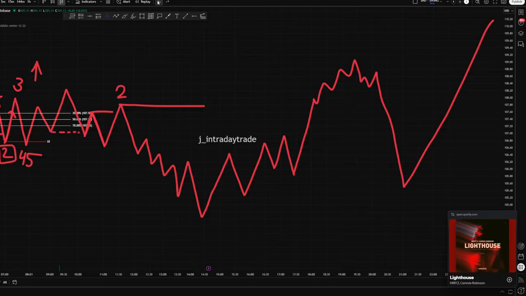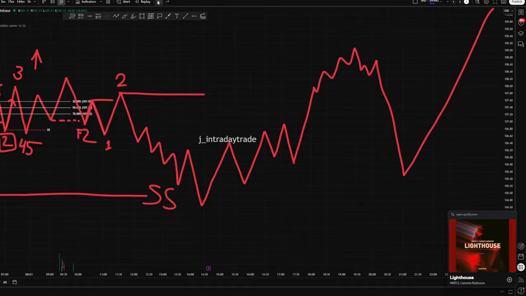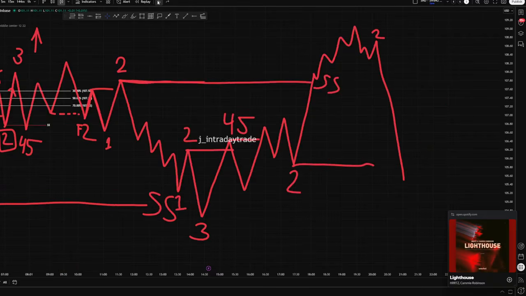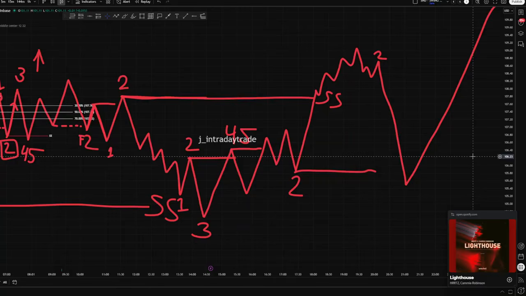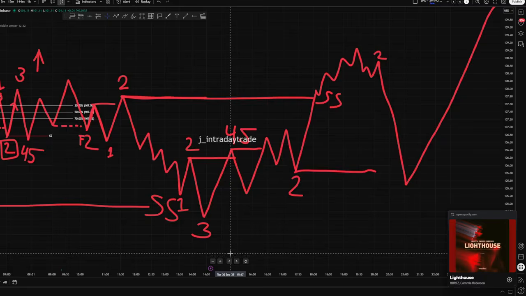Let me do something fun for y'all. Look at as soon as I start to add all these things up again, it's now explainable. It should be a completely different chart again for you now.